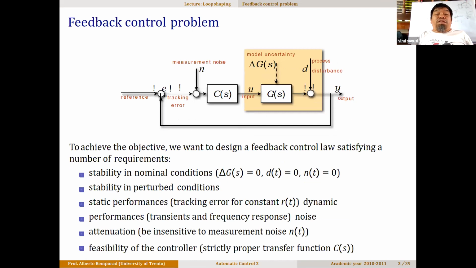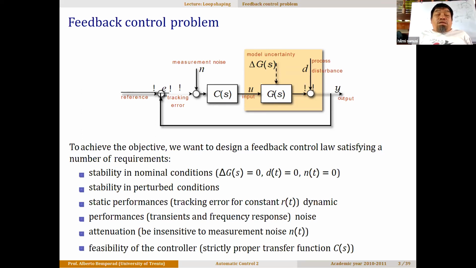So to achieve the objective, kita nak design satu feedback control yang satisfying the number of requirement: the stability in the nominal condition, stability in perturb condition, static performance, and then performance transience dengan frequency response yang can reject noise, adapt to the noise, and attenuate so that it will be insensitive to the noise punya measurement.